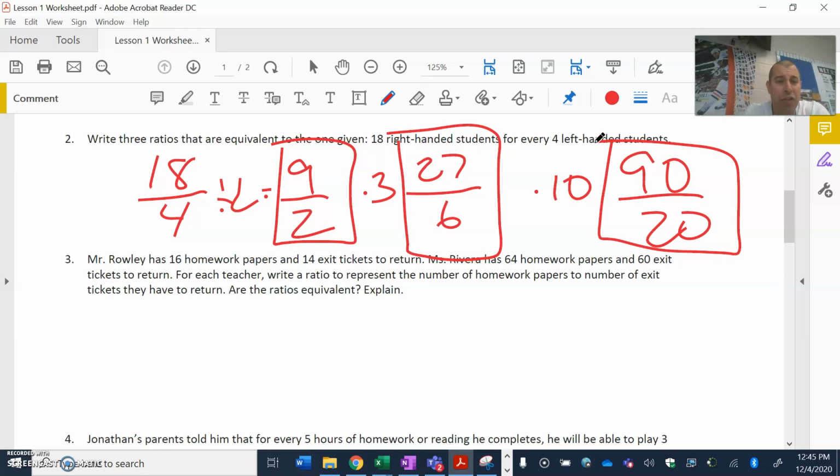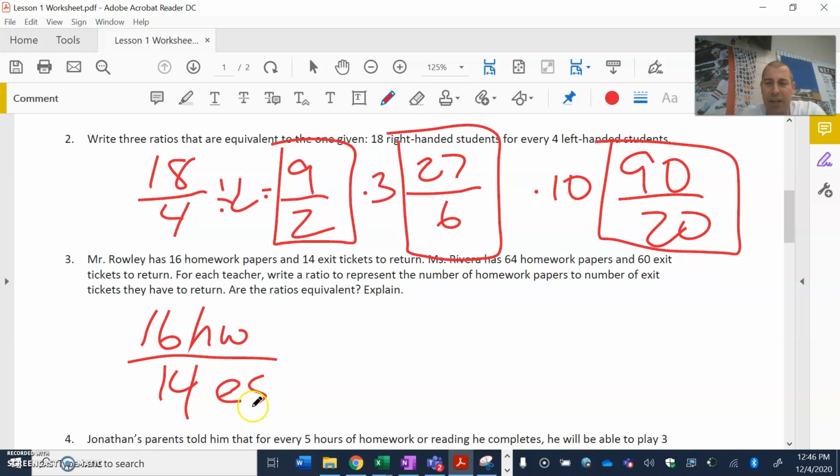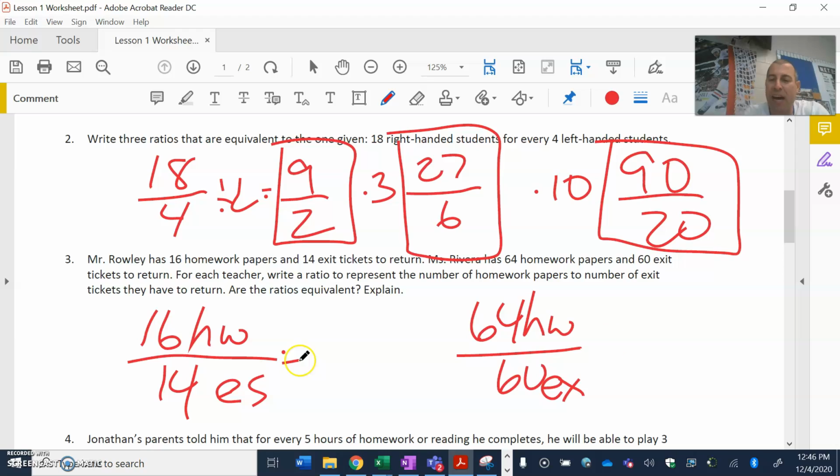There's the 16 homework papers and the 14 exit slips. And then there's the 64 homework with the 60 exit slips. So you can simplify both of them and see if you get the same answer, or you could find the unit rates and see if you get the same answer.